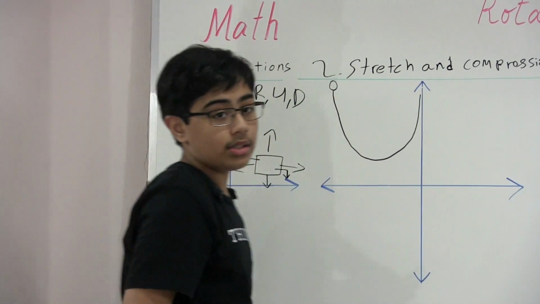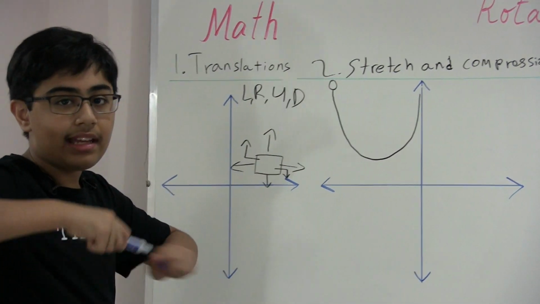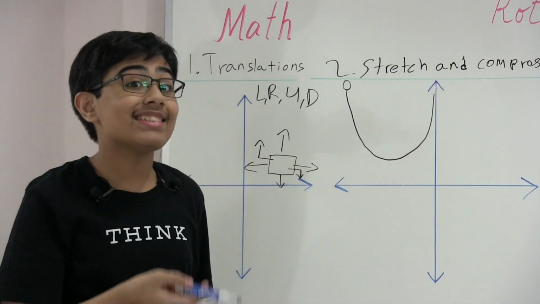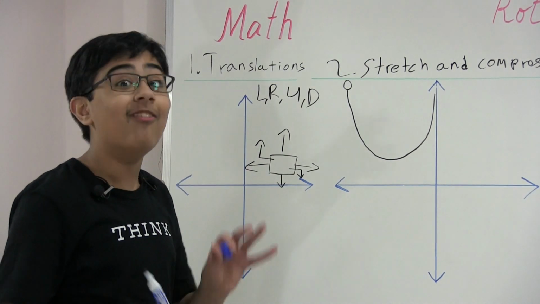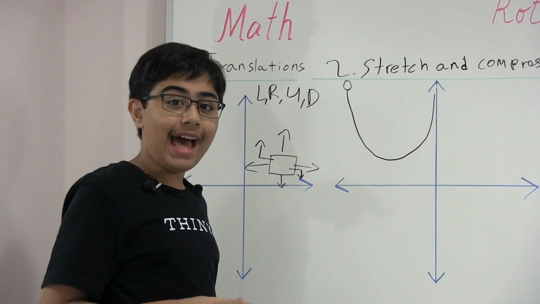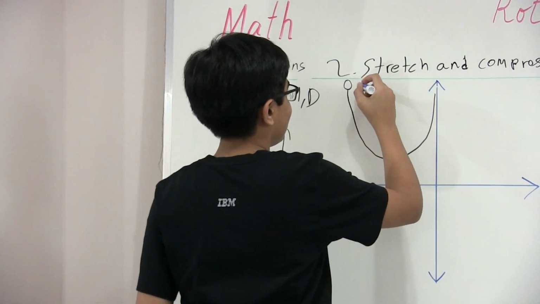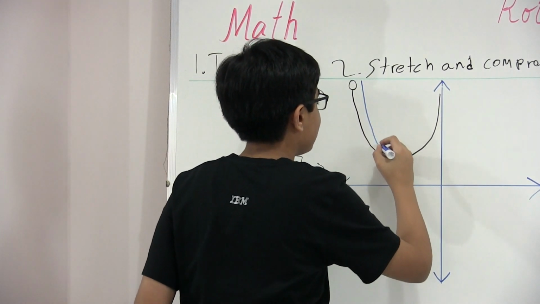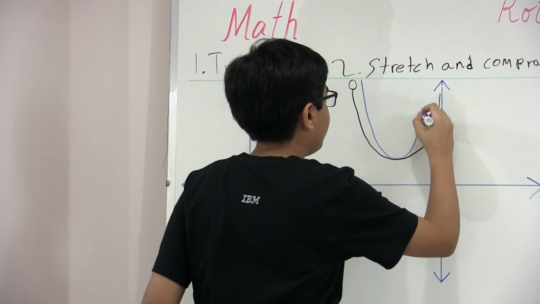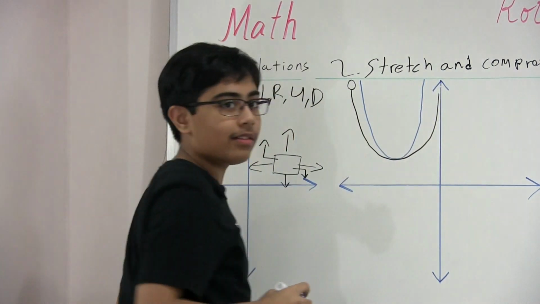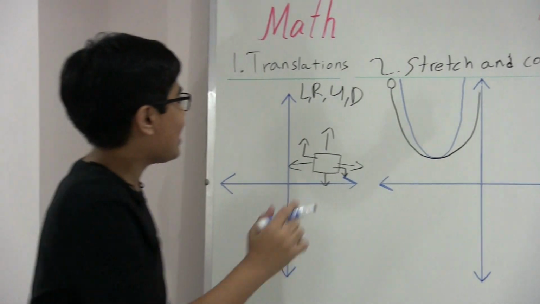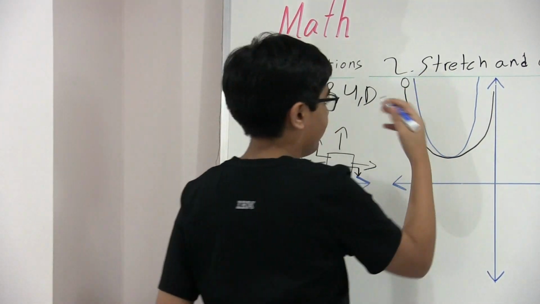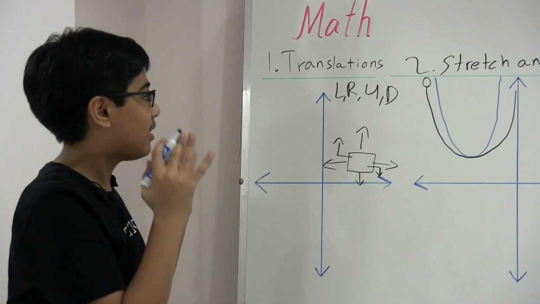So we've got our blue marker, and let's just say that we want to stretch this curve vertically. How would we do that? Well, seems a little weird at first, but think about this. This would be our stretched curve. This is what would happen if we were to stretch a curve vertically. Okay, so this is our S curve.